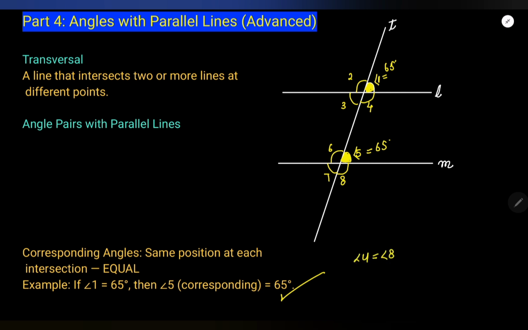And then 3 and 7 are also corresponding. 3 equal to 7. 2 and 6 are also corresponding. So are you getting my point? Same position at each intersection. We have two intersections here. The same position, 2 and 6 have same position, so they are called corresponding angles.